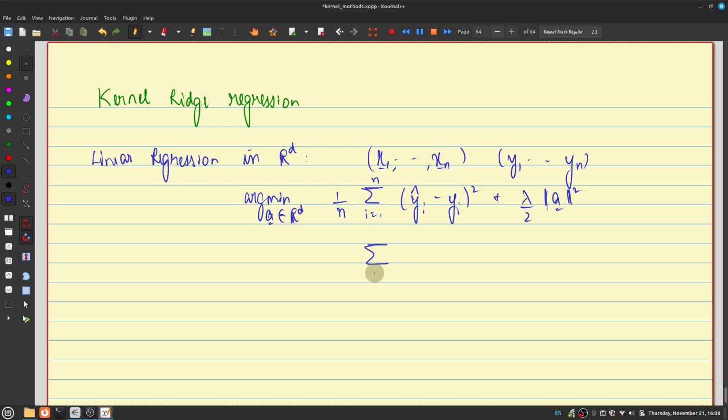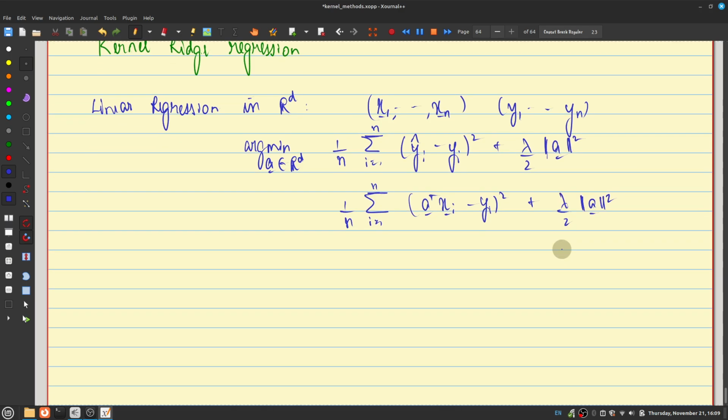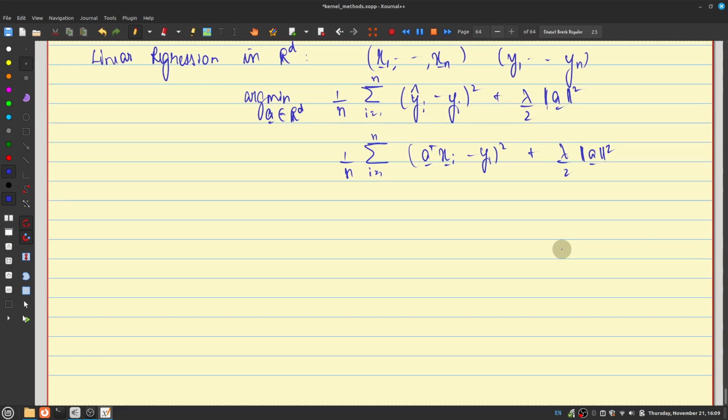This is simply a transpose xi. Right, so your predictor is just a linear predictor. So we're just trying to find that hyperplane that best fits the data points that we see. Right. So this is just standard linear regression.